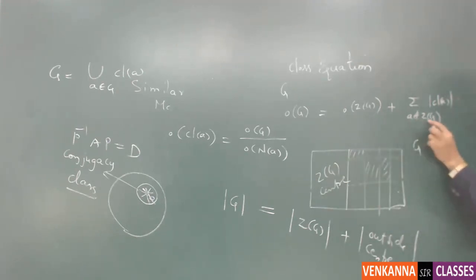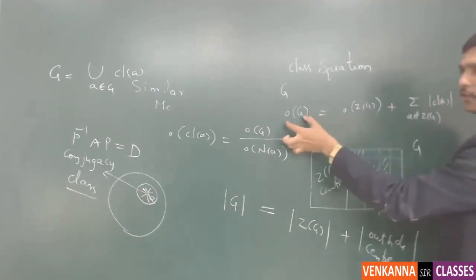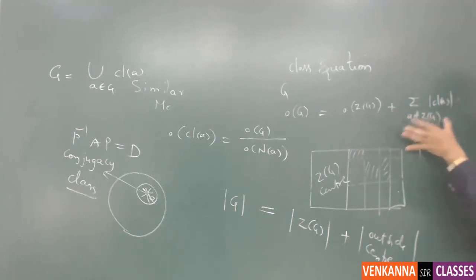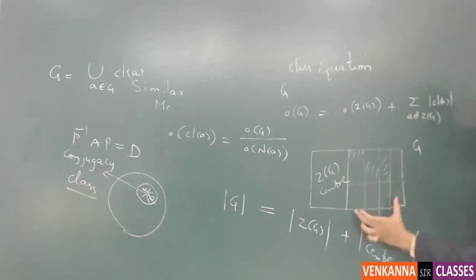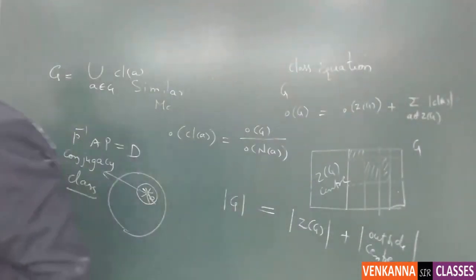So A does not belong to the center. How many elements are there in the conjugacy class of A? And here, how many elements are there in the center? So the order of the group is nothing but the number of elements in the center plus the number of elements outside the center, and outside the center is bifurcated into small parts. That is the whole idea. Fine. Everyone?